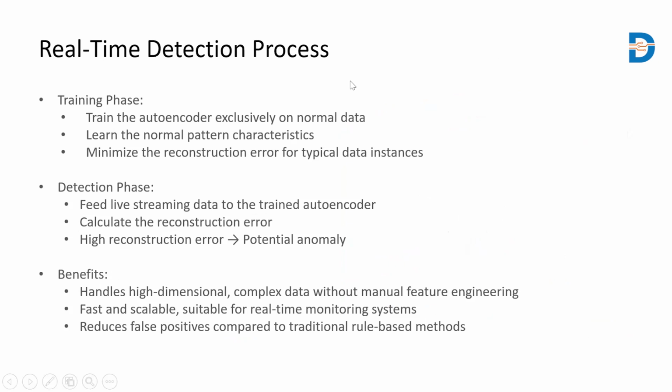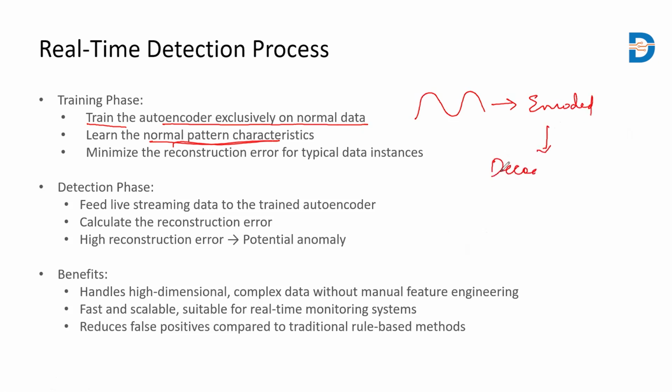Now, in real time, how this works is, you train the autoencoder on normal data. Because of that, the autoencoder learns the normal pattern characteristics very well, and any data that is normal will be instantly encoded and decoded, and if you see the reconstructed pattern, it will be exactly or almost matching the original data.